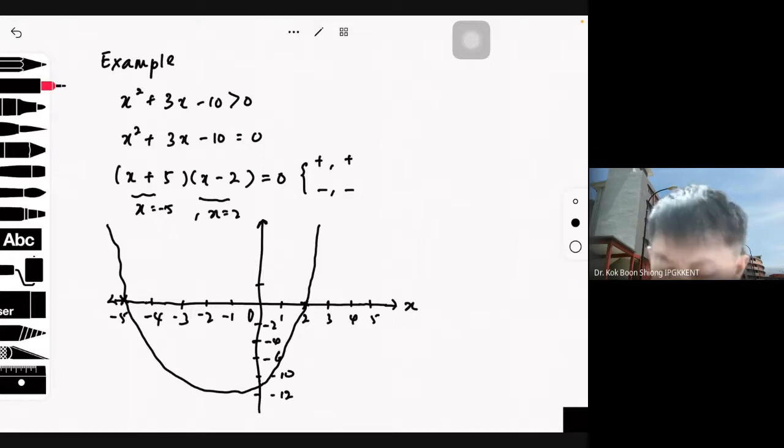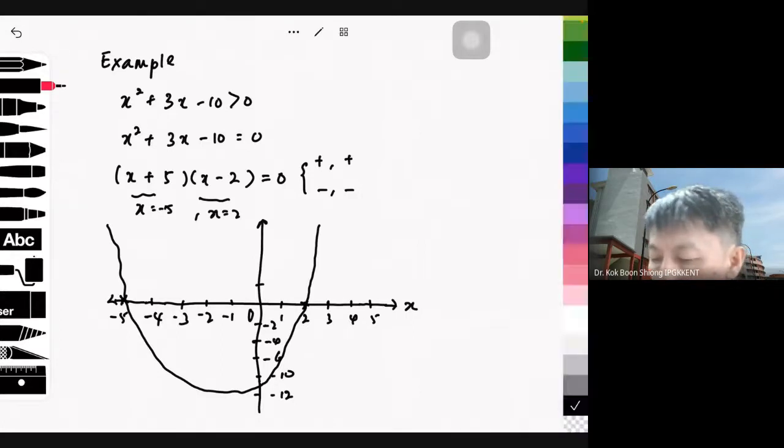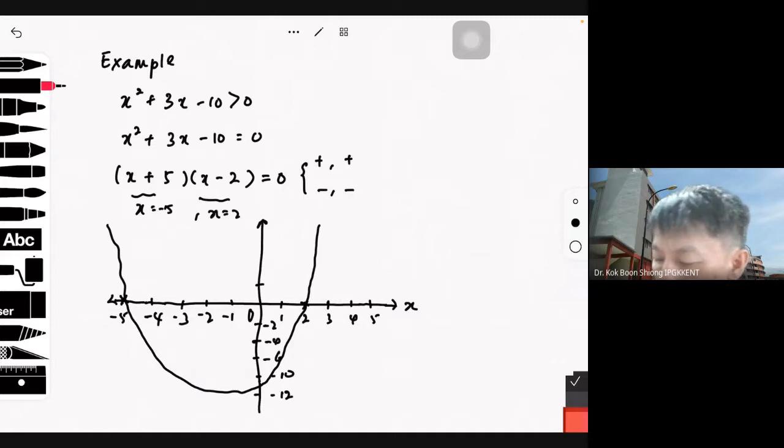Where is the area we should take? I use a different color. The quadratic inequality is larger than zero, so we want both sides to be positive.